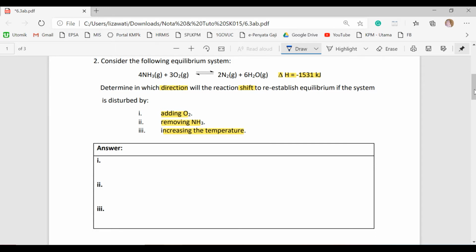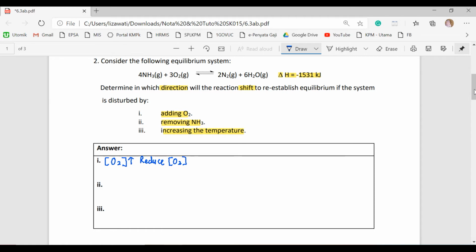When adding O2, the concentration of O2 will increase. So the system will try to reduce the concentration of O2. But how to reduce? Ammonia will react with oxygen gas to produce more N2 and H2O.